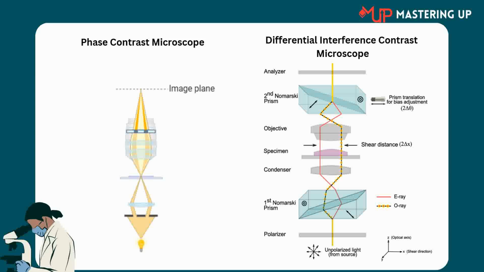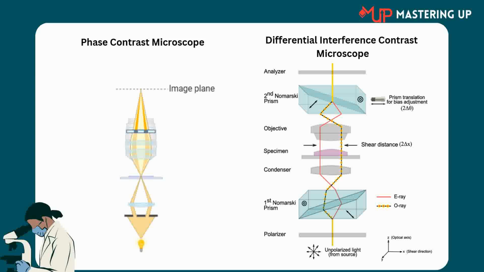They are often used to create high contrast images of transparent specimens, such as microorganisms, thin tissue slices, and other subcellular particles. These microscopes have dozens of applications, but they are most useful in observing colorless, transparent, and unstained specimens.